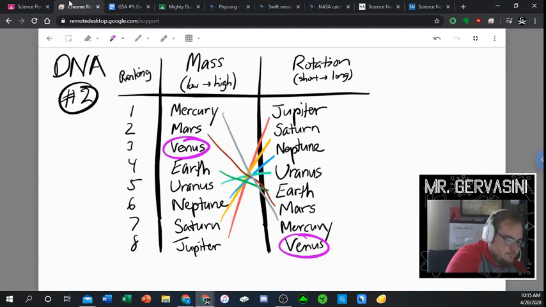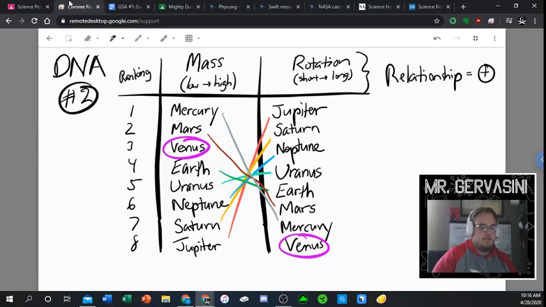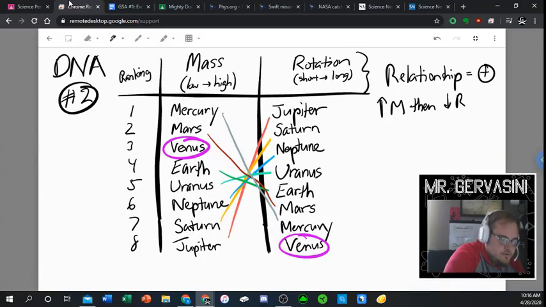So the relationship, let me not do that in purple because it might confuse you. The relationship is positive between mass and rotation. Okay? As mass increases, then rotation decreases.